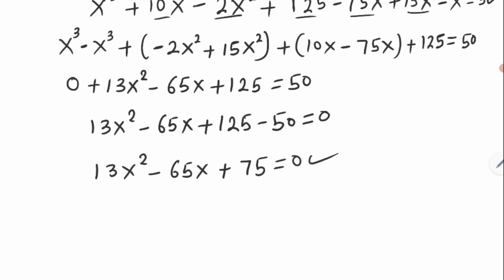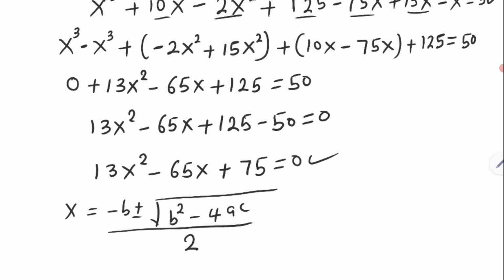And our quadratic general formula is given as x is equal to minus b plus or minus square root of b square minus 4ac over 2a. And from this equation, a is equal to 13, b is equal to minus 65, c is equal to 75.